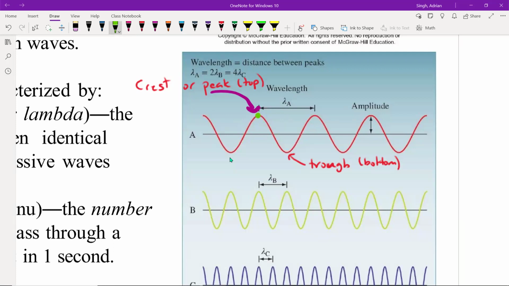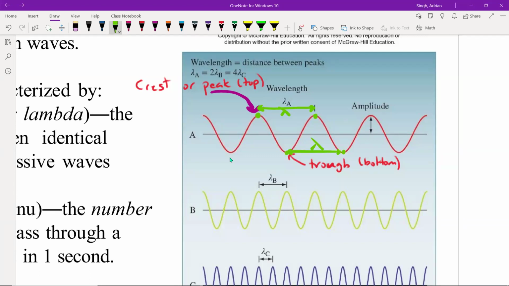So that's the peak or the top of it. If I look along this wave and I find another peak that's closest to it, like, for example, here, the distance between two adjacent peaks, which is the same distance between two adjacent troughs, right? So the distance between two equivalent points along the wave, that is known as the wavelength.